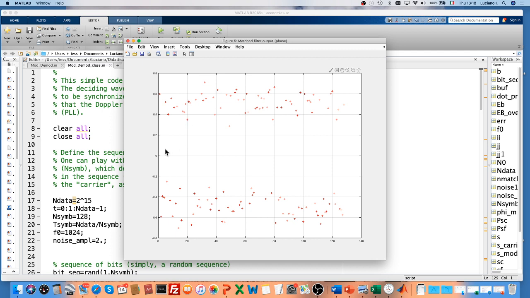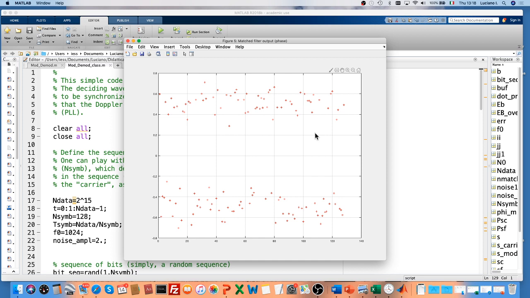And we have a clear separation of the bits which are 0, positive scalar product, if I remember well, and bit equal 1 with a negative scalar product. Okay, so the two streams are well separated and they don't tend to mix.